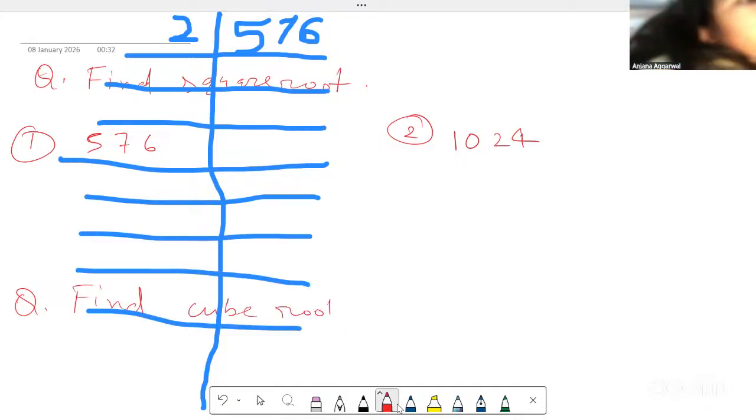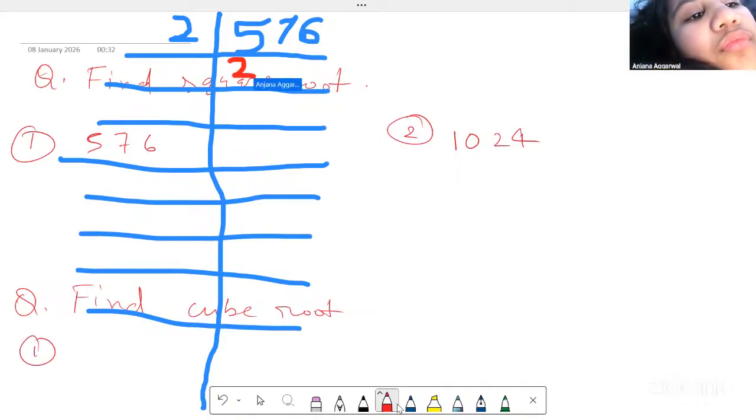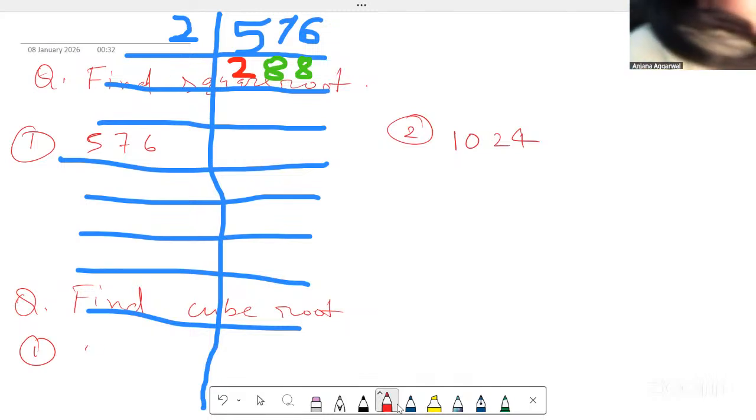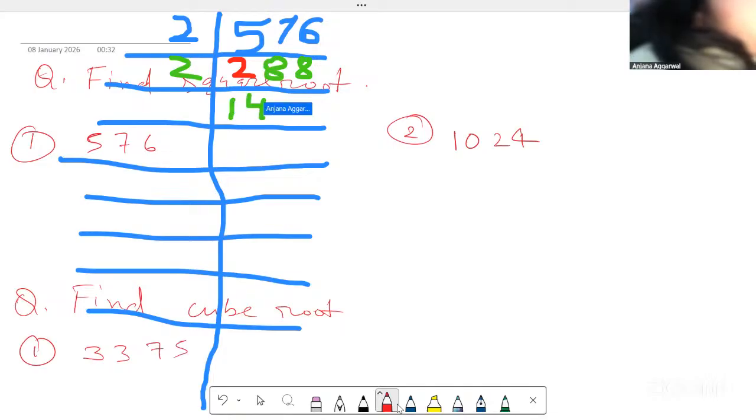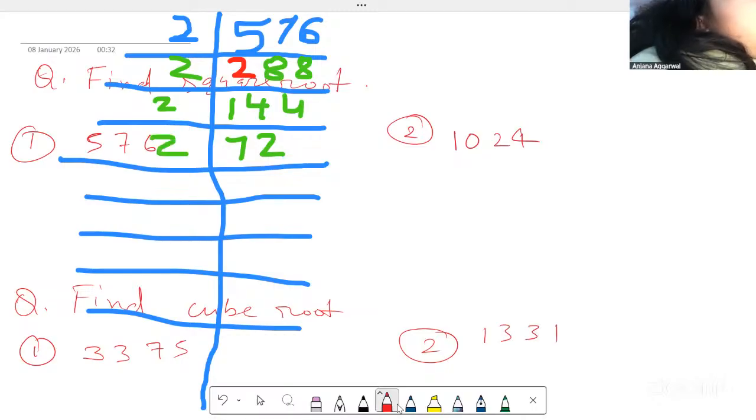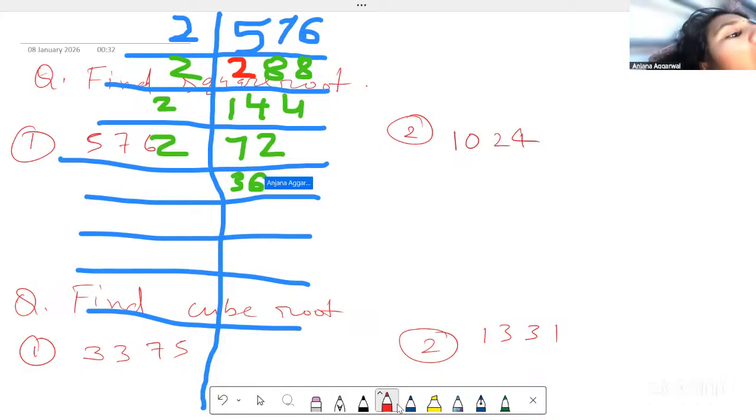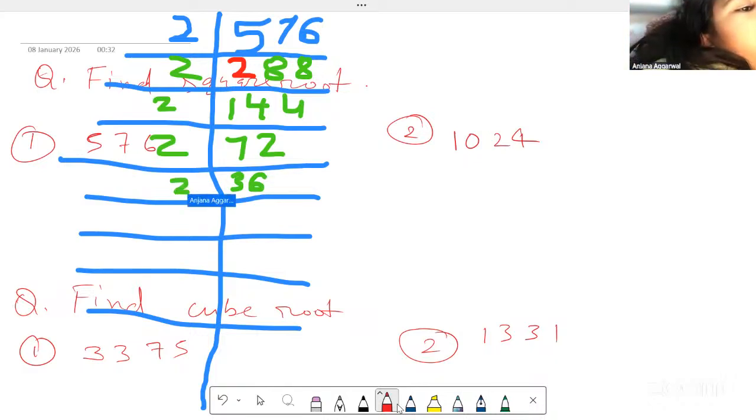Let's start. So, 2, 17, 6, 1768 and 8 again. 2, 1, 4, 4, 2, 7, 2, 2. 3 means 2 times 6, meaning 12, meaning 6. 2, meaning 1.